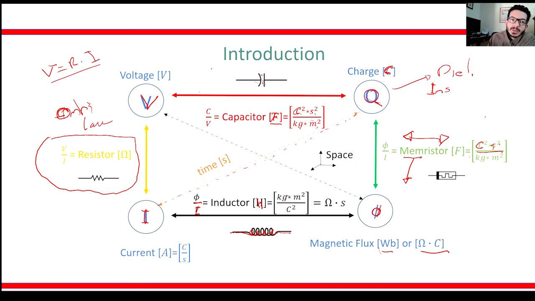Okay, so voltage and charges are related through capacitance. Voltage and currents are related through resistors. Current and magnetic flux are related through inductors. And charges and magnetic flux are related through memristors. Notice that all these things are based on materials.